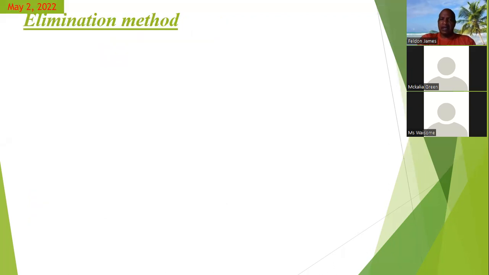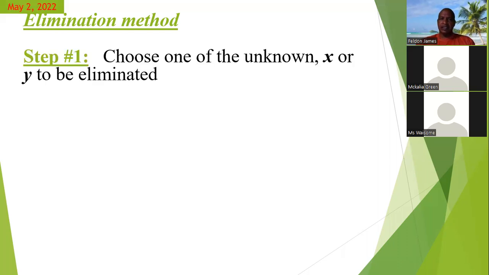We're now going to start off looking at the elimination method. Before we start any example, there are some steps that I want to highlight in carrying out the process of the elimination method. So step 1.